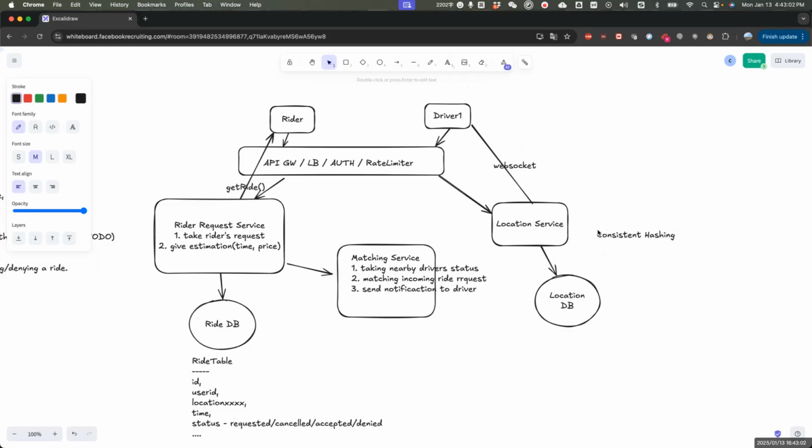So first thing to notice is a stateful service. We use consistent hashing.